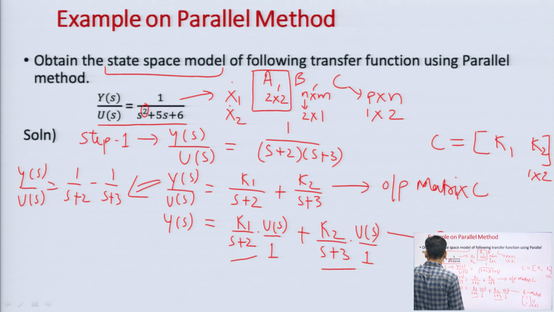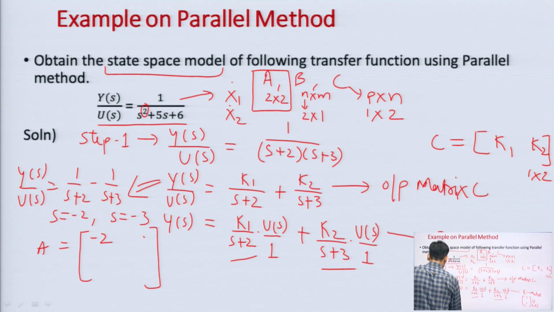Now, what would be the elements of the A matrix? Here you need to find the roots: s equal to minus 2, and s equal to minus 3. So, the A matrix elements would be: first minus 2, 0, 0, second minus 3.